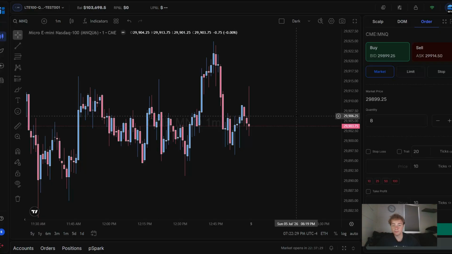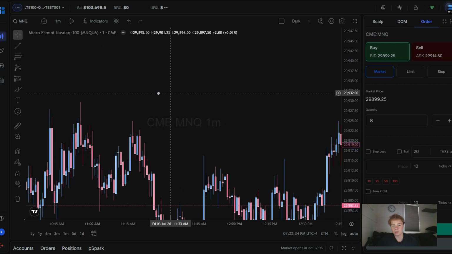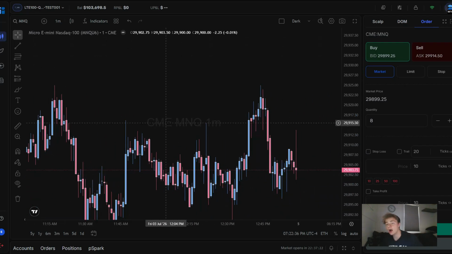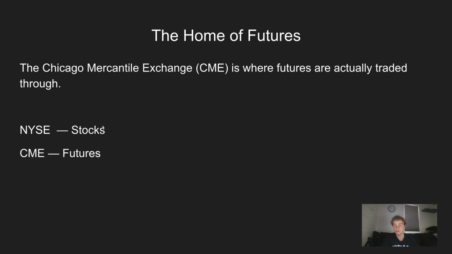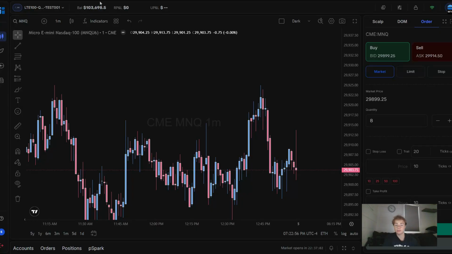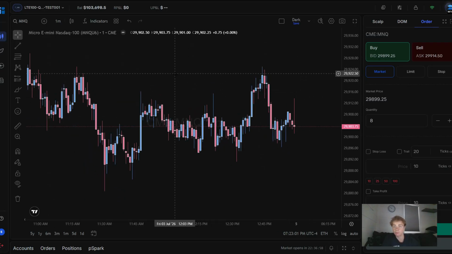So also, important thing to know, CME, you'll see in the background the watermark here, means Chicago Mercantile Exchange, which is essentially the home of the futures we trade. Just like the New York Stock Exchange is the home of stocks, the CME is the home of futures. That is simply just the physical location of where all of our electronic live orders go.